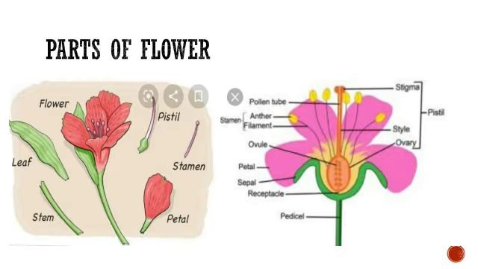Calyx. In the bud condition, the petals are covered by leaf-like parts called sepals, which are green in color. They form the calyx.